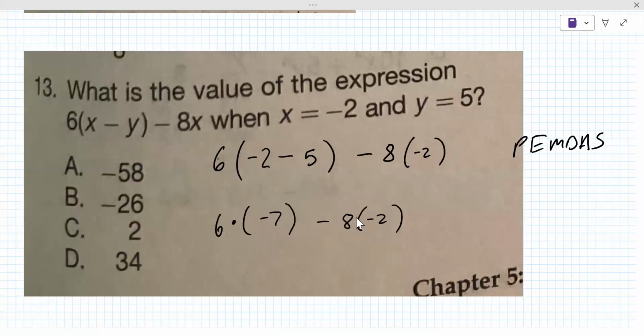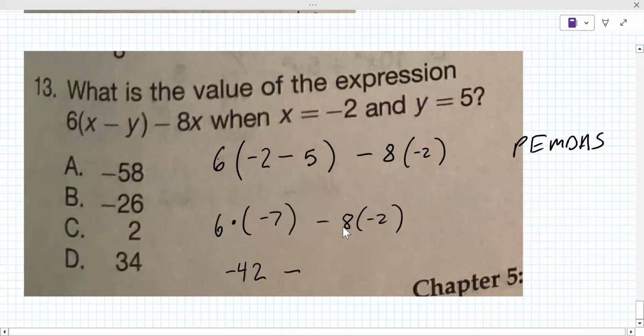So do the multiplication. It'd be 6 times -7, which would be negative 42. Good. And then do 8 times negative 2. Would it be -8 times -2? Sure. If you prefer that, I like that.